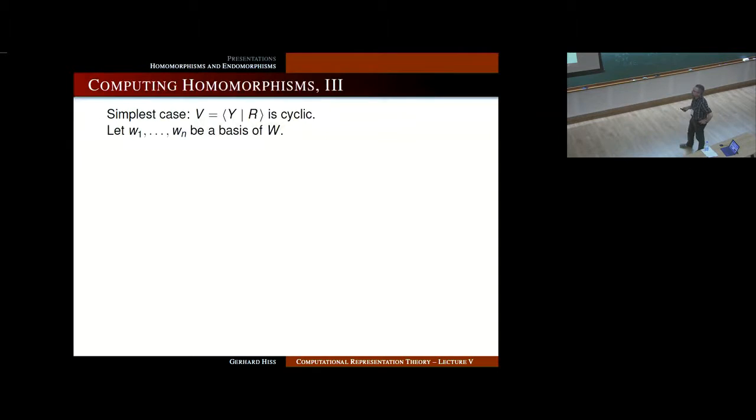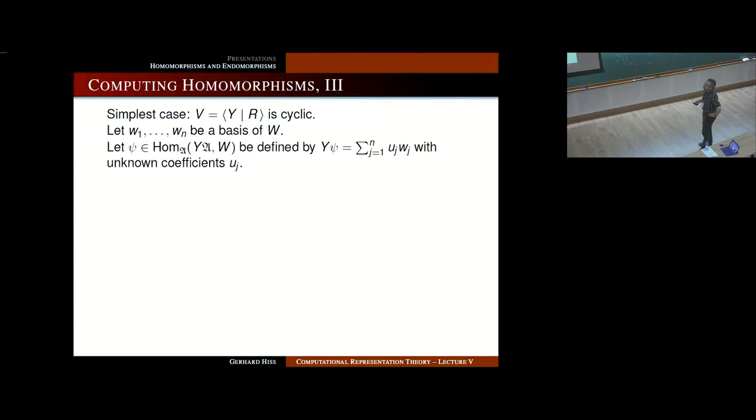And suppose you have a basis of W. Then every homomorphism from the free rank 1 module into W is defined by assigning an element to Y. Just one element, which can be given as a linear combination in the W_j's with unknown coefficients U_j.